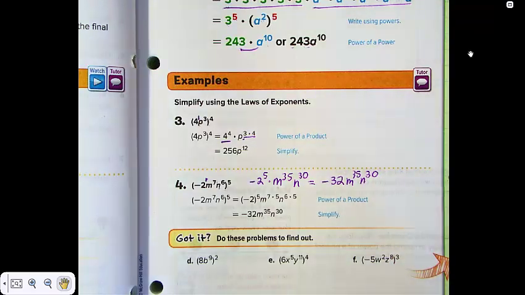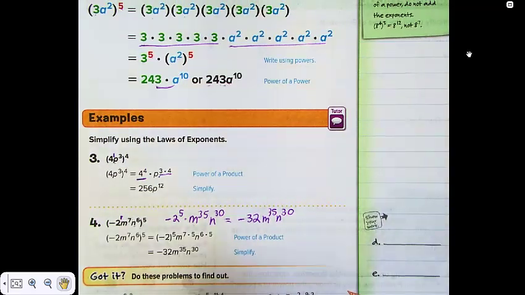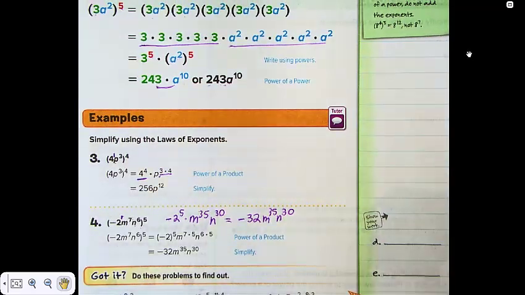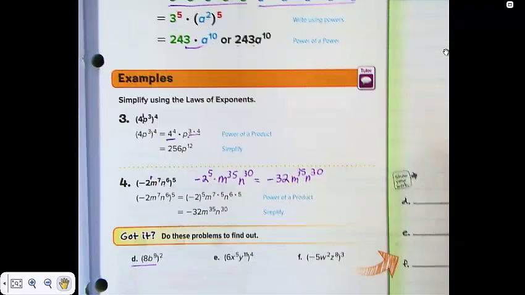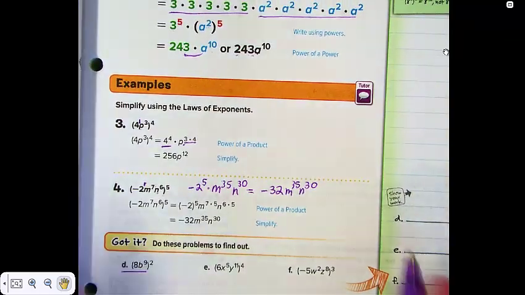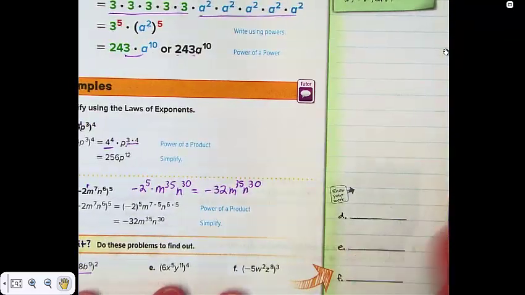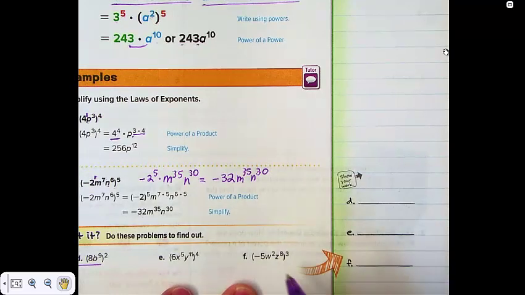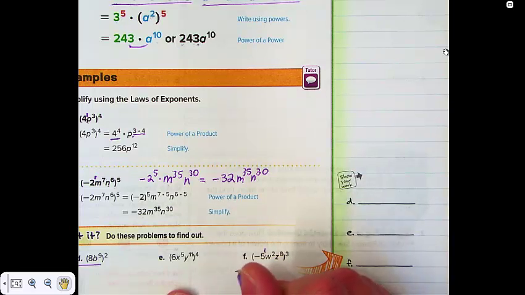Okay? Now, I want you in your notes to do D by yourself and put it out to the side. And then we're going to work out actually F right here. So once again, my negative 5, I'm going to put a little 1 there so I can multiply. So I know I'm going to have negative 5. 1 times 3 is 3.